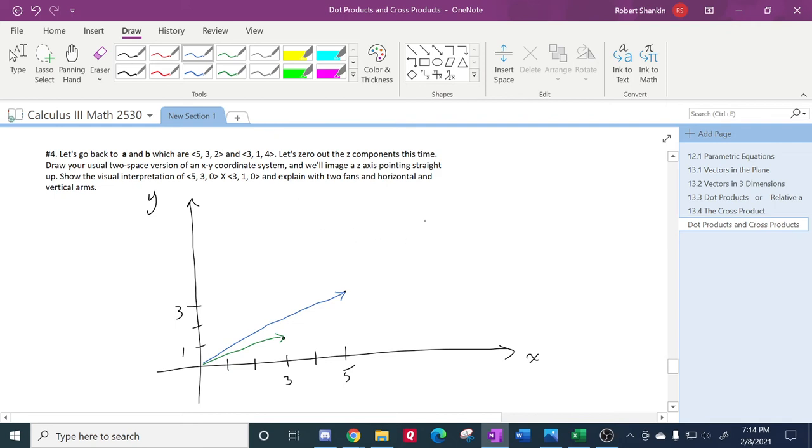What do I do? Okay, so I think you should first break each of those vectors into components and then draw the components.